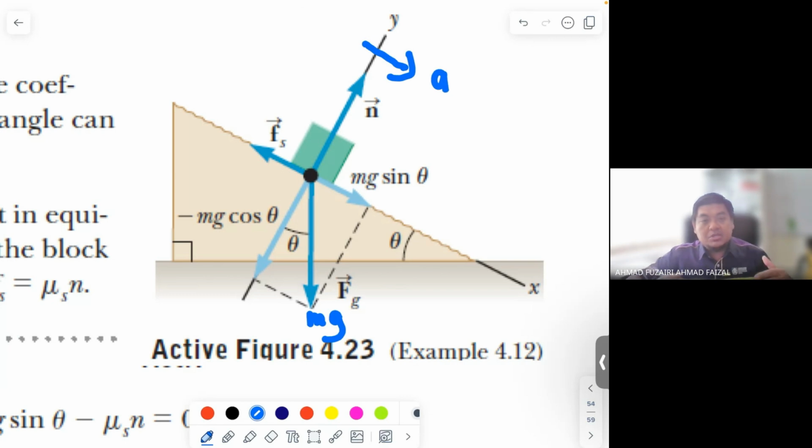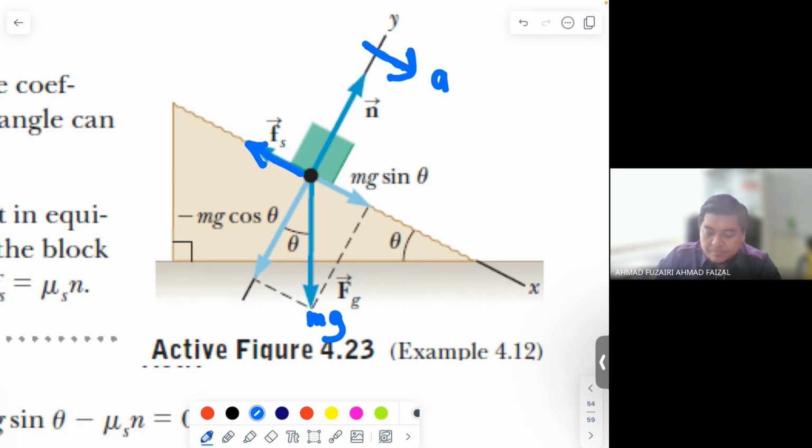That means if the box wants to slip down, it should go down the incline, where the frictional force should oppose the motion this way. That's why the arrow of the friction force, or static friction, is set to oppose the motion.